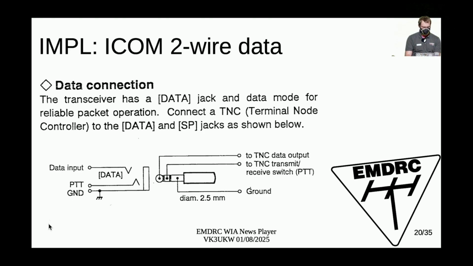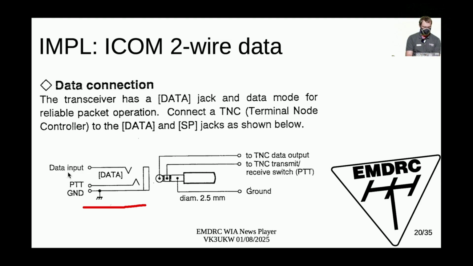Now, what's on that old IC-218? We've got the ICOM 2-pin data interface, which has 3 pins, 1 ground pin, and then the series for data operations, so it talks about TNC. But over here, we've got the 2.5 millimeter jack with ground, PTT, and data input.